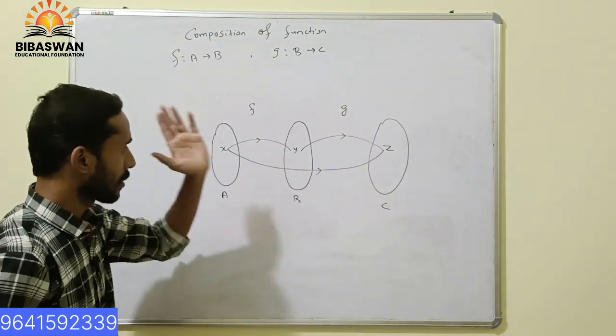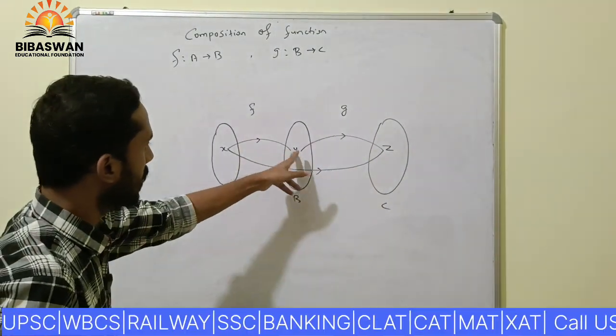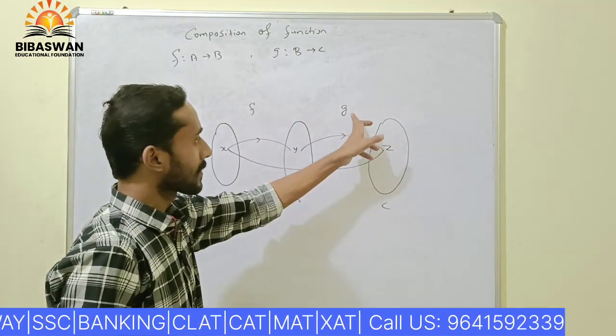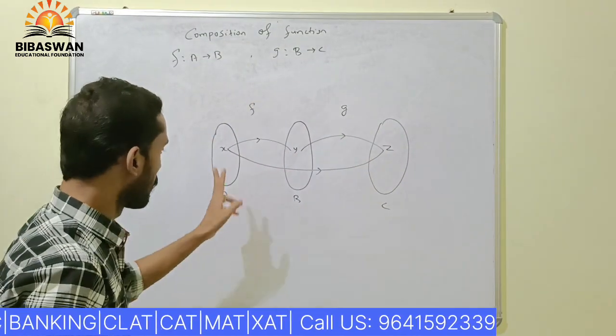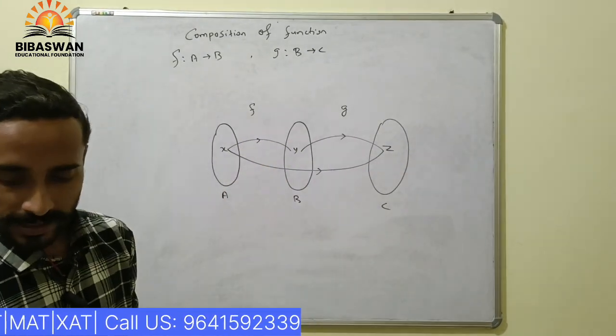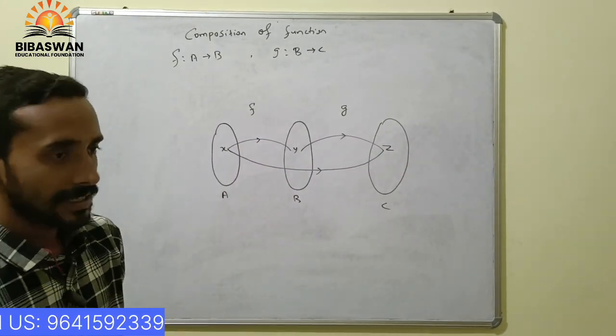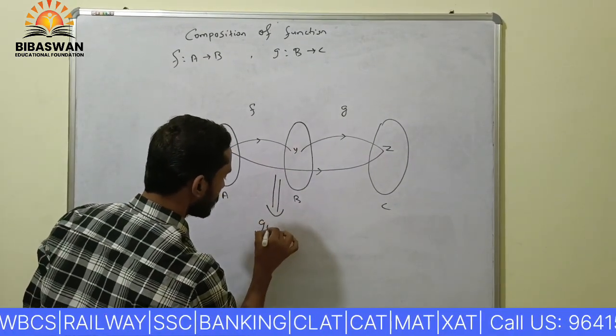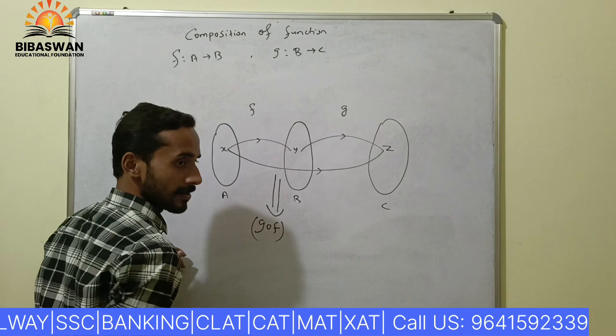Under which function? x related to y is under the f function. y related to z is under g. But x related to z, which function? That is known as composition of function, and it is denoted by g of f function.